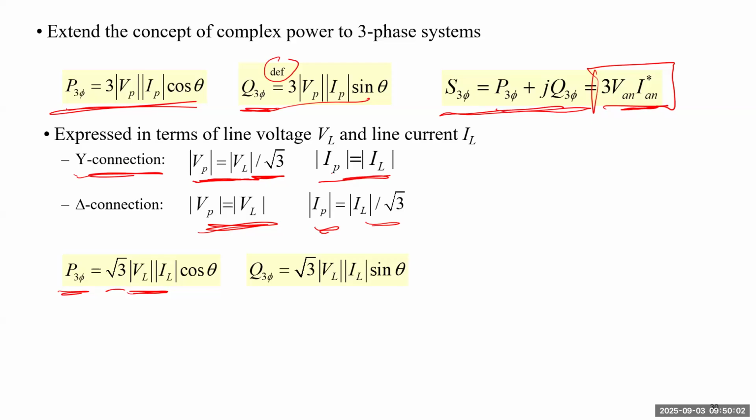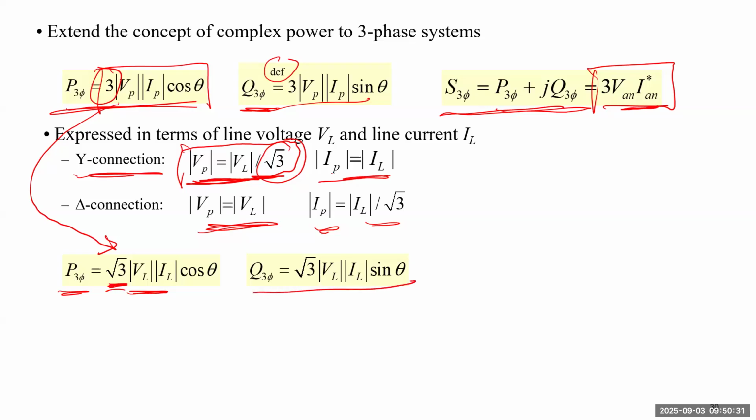This is because when we translate this, the phase voltage has to be replaced by the line-to-line voltage divided by 1.73. So this factor will cancel with this 3, and there's 1.73 left.